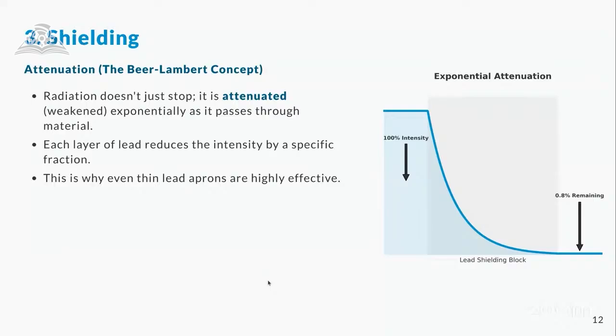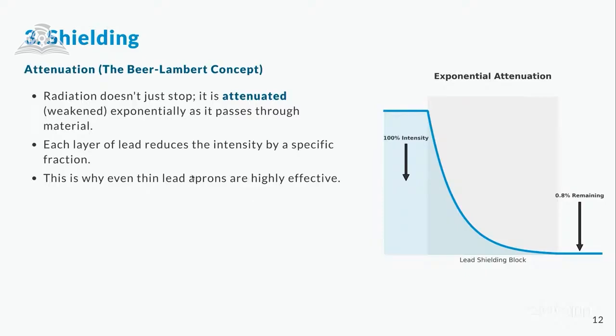For example, in this graph, you see that radiation starts with 100% intensity, but the moment it hits this lead shielding block, it drops significantly, and it ends up being only 0.8 of what it started with.